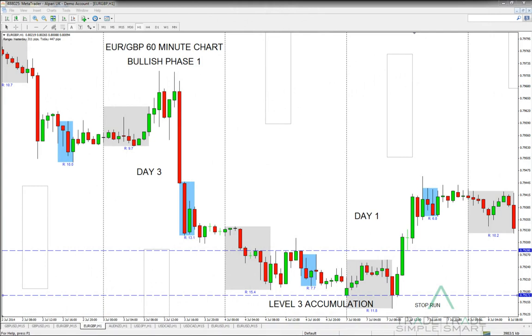So in this first example, we're looking at the euro sterling, where we have identified level 3 accumulation after 3 days of fall. In this case, we can see that the level of support set during the accumulation stage is broken by smart money, performing a stop run, and this, as we know by now, would bring in an influx of selling from retail traders that smart money will then buy into and cause phase 1.